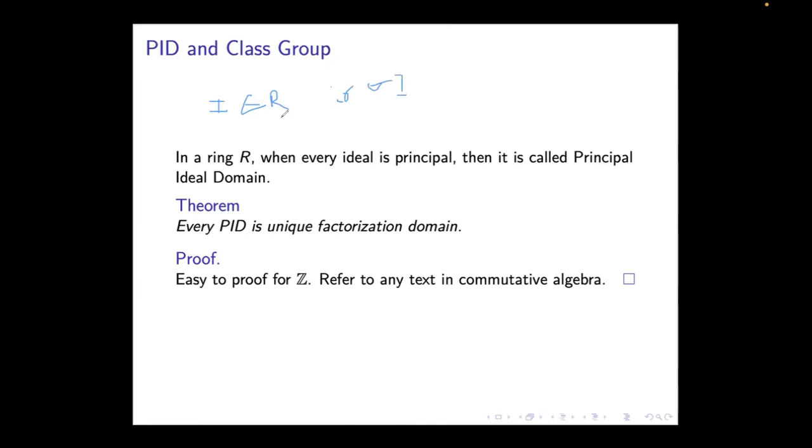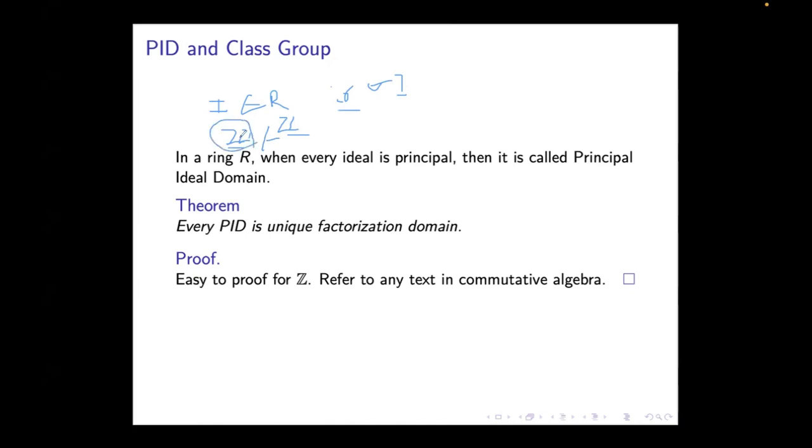All right. So let's take Z as the ring of integers, and let's take 2Z as an ideal in that. Basically, if you take any element from 2Z and multiply it by anything, the result will stay in 2Z.